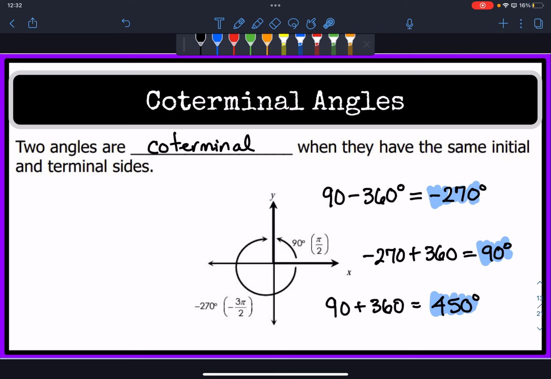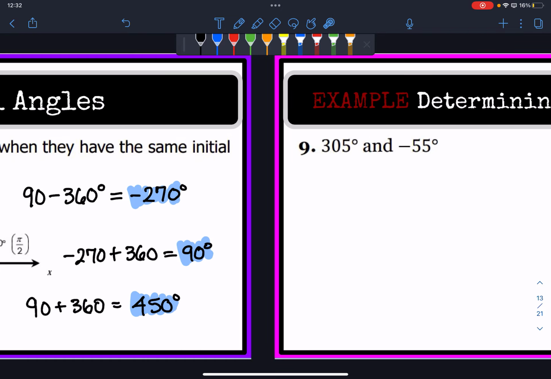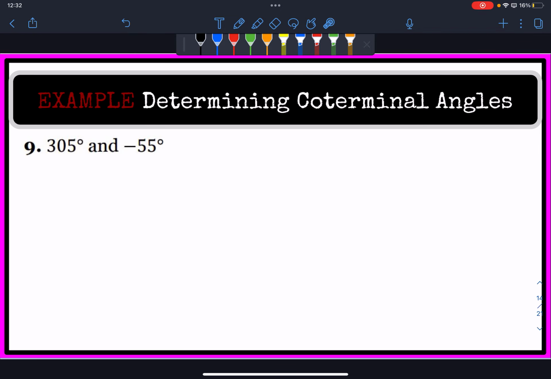So again, depending on how many times I rotate will determine the coterminal angle. Like I said, there's an infinite number of coterminal angles any specific angle can have. So for example, if I want to determine the coterminal angles to 305, I can add 360 degrees, and that's going to give us a total of 665.